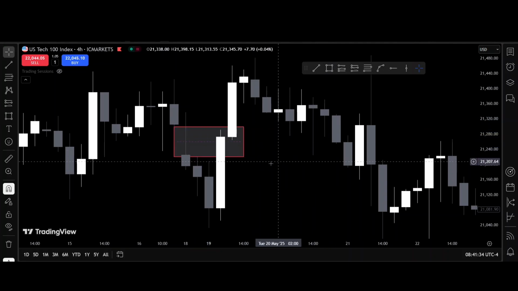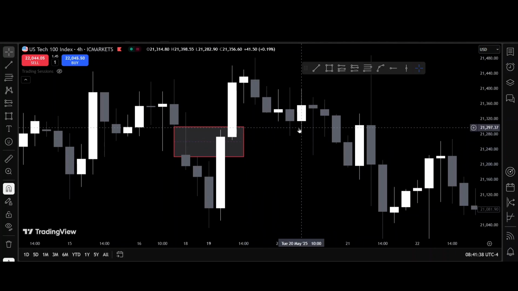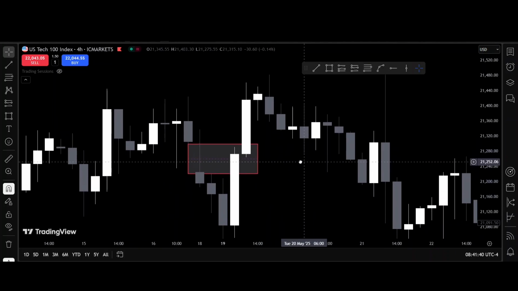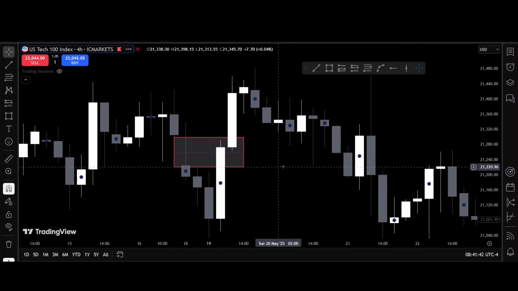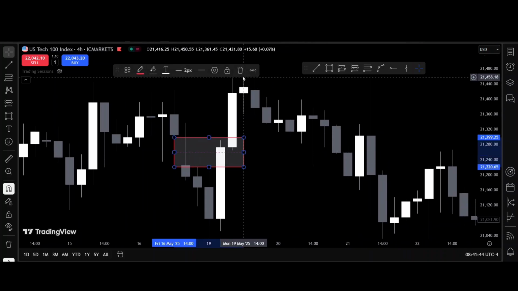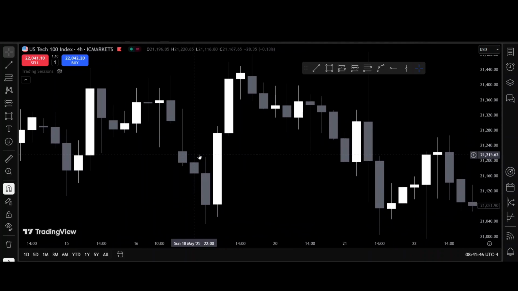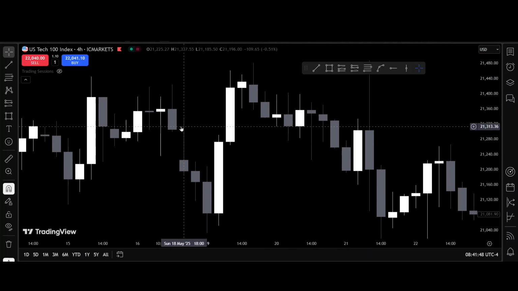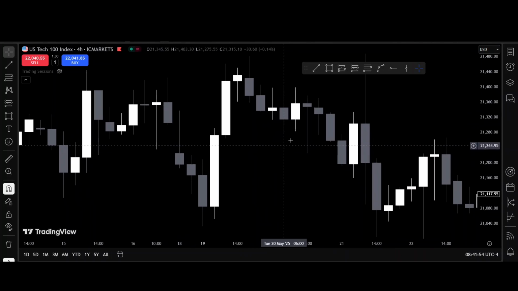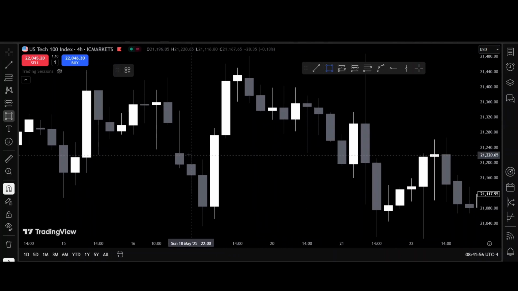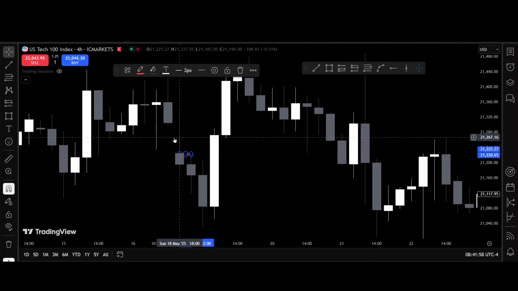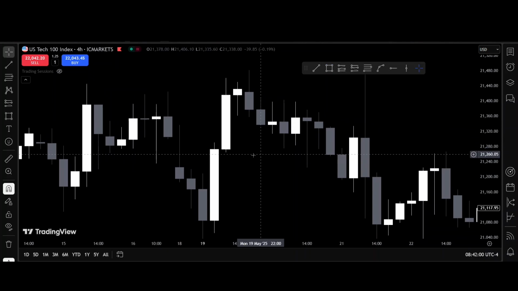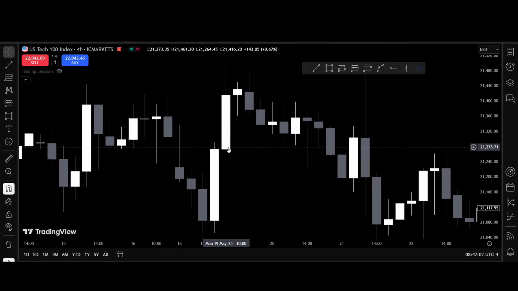No. It is not. Why isn't this a fair value gap? Because, like I said, it cannot overlap in the second candle's body, which is right here. The wicks, you don't want to see the wicks of the second candle, man. You don't give a shit about that.